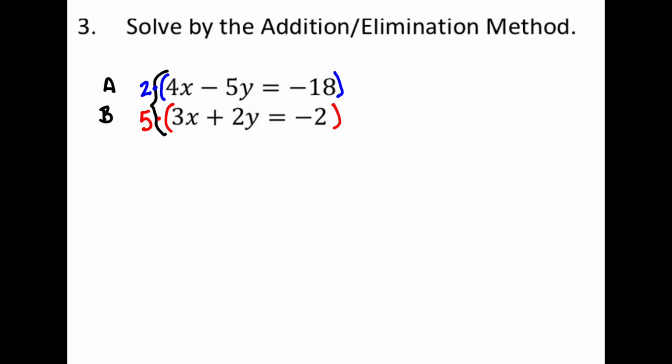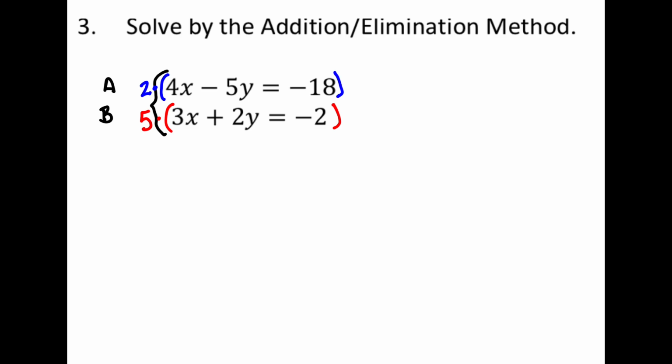The other option would be to times the top one by 3, bottom one by 4 to get 12 x's, but then you'd have to make one of them negative, either the 3 or the 4, in order to have a positive 12 and a negative 12. So that's why I choose the opposite signs to begin with.